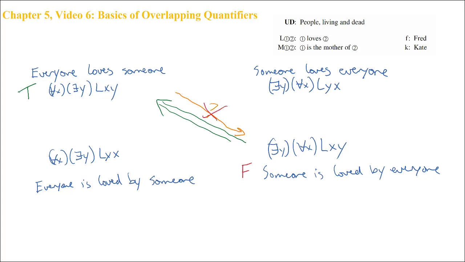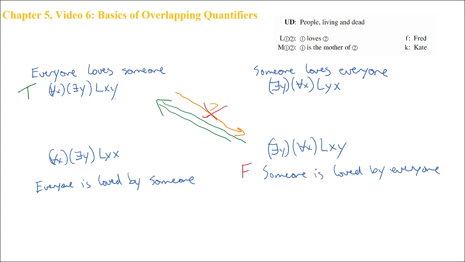Because remember, the way these quantifiers function with the predicate variables is like this. What this says is for everybody in the universe of discourse, we must find at least one person that they love. So Fred could love Kate, Kate could love Sally, Sally could love John.